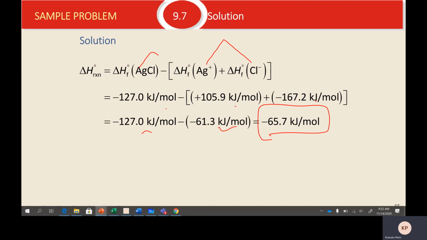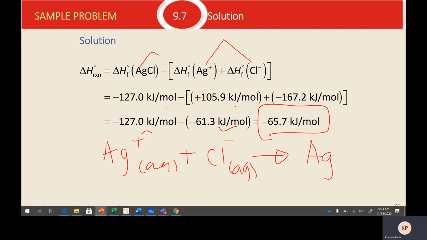That is the standard enthalpy of this reaction. So we do not have an exact way to find the standard enthalpy for this reaction, but we use the standard formation enthalpies of the products and the reactants, and we found the standard enthalpy for this reaction.